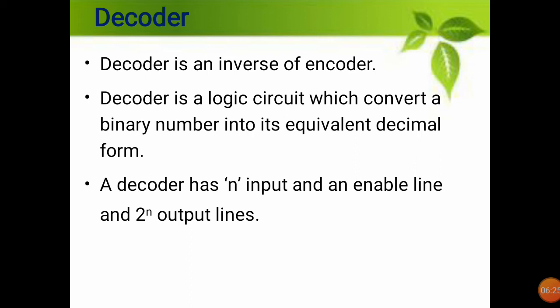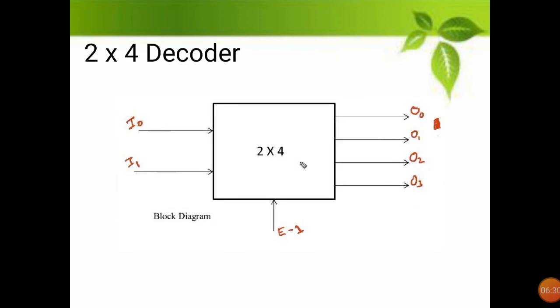Apart from that, it also has an enable line E. See this diagram, the 2 to 4 decoder. Here 2 input lines are there, I0 and I1. So 2 input lines, it is 2 to the power 2, it means 4 output lines, O0, O1, O2 and O3. And apart from this, we have one enable line E1 for the decoder.